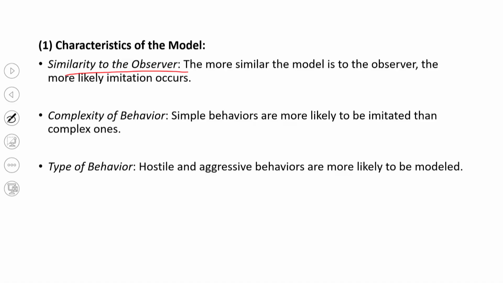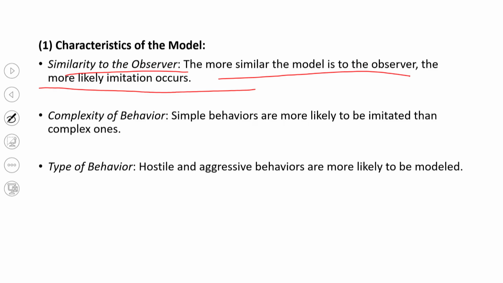The person who is observing and the person who is observed, the model, if they are similar in certain characteristics, the more similar the model is to the observer, the more likely imitation occurs. If you think someone is very similar to you, you are more likely to imitate the behavior of that person. If he or she can do it, why can I not also do that? Similarity in some way creates interest and you are more likely to imitate the behavior of others.